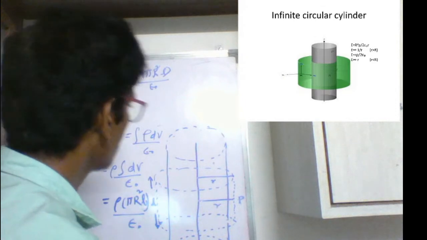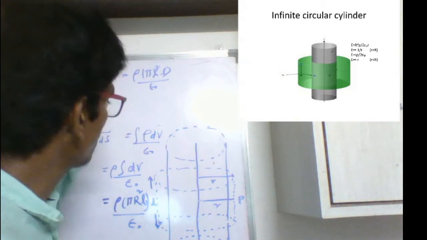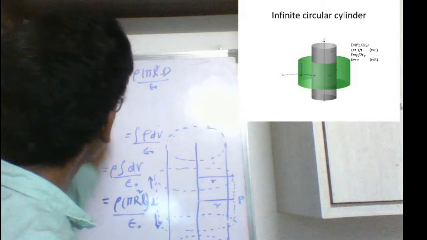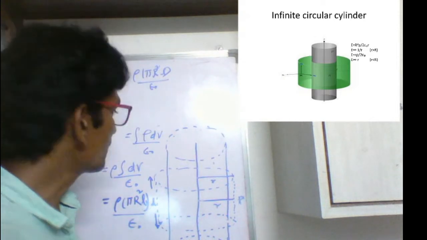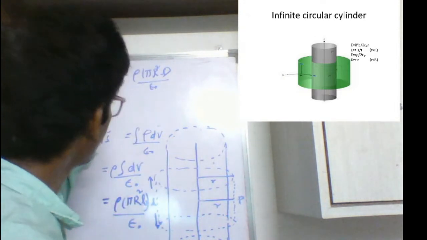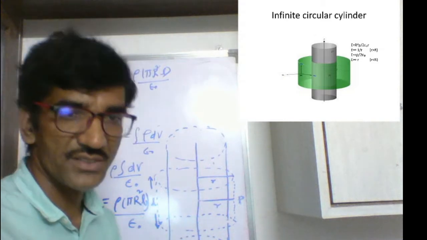Now let us go for this LHS part. Here we have to calculate this surface integral over our Gaussian surface.